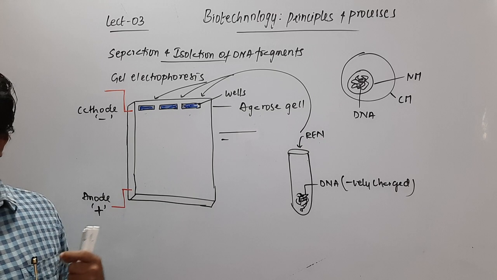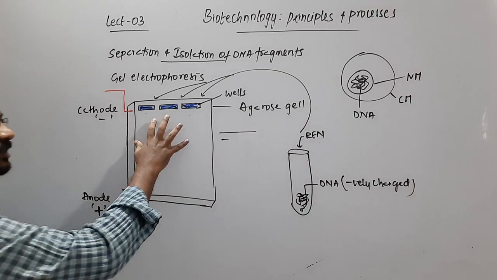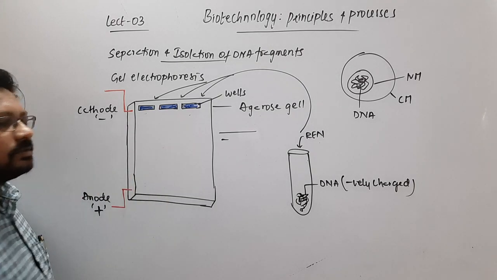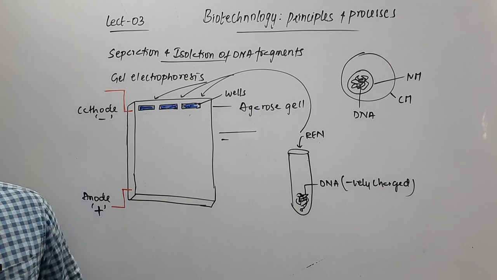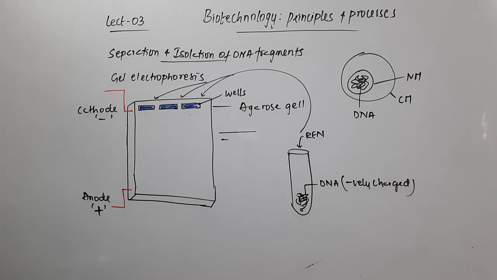That's how we have seen in the DNA fingerprinting, isn't it? So here there is a band formation that is not visible to us, and each band will contain those DNA fragments. Now to make the bands visible, I need to treat this with ethidium bromide.